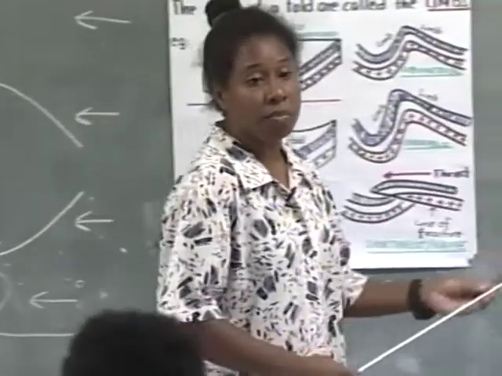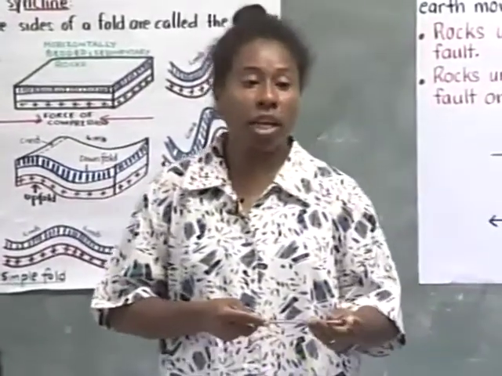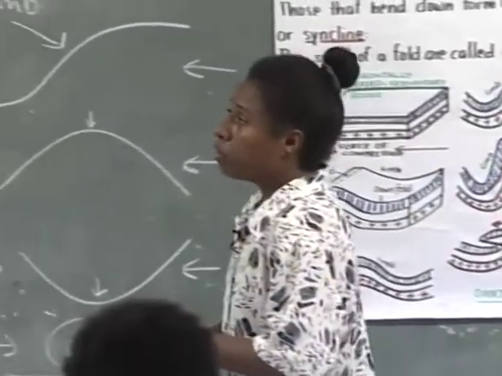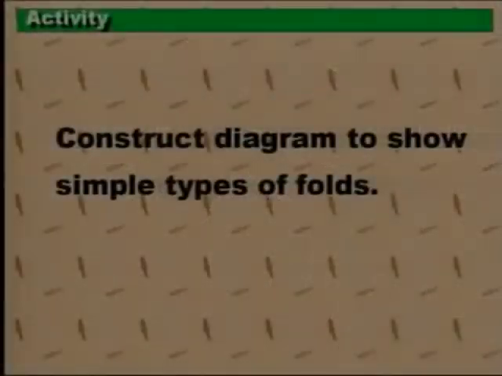Okay, with those explanations, what I would like you to do now into your exercise book is I would like you to construct simple diagrams to actually show the four main types of fold, the four simple types of fold that we have looked at. And the four simple types of fold that we have looked at is the monocline, an anticline, a syncline, and an overturn.